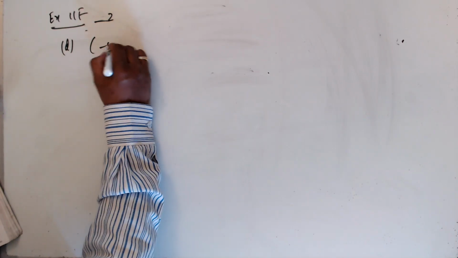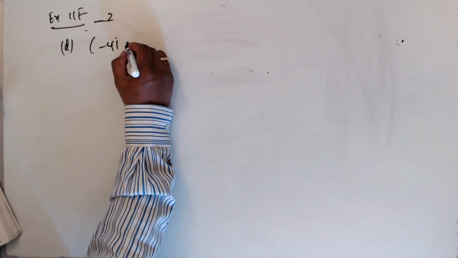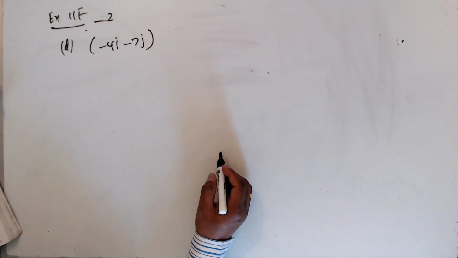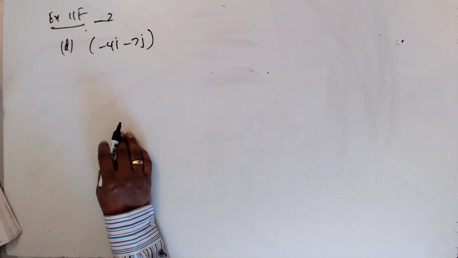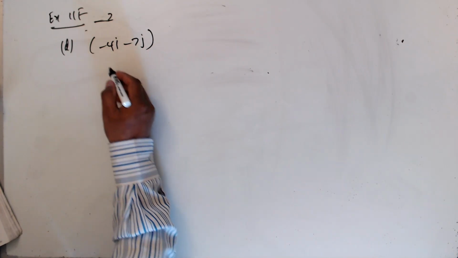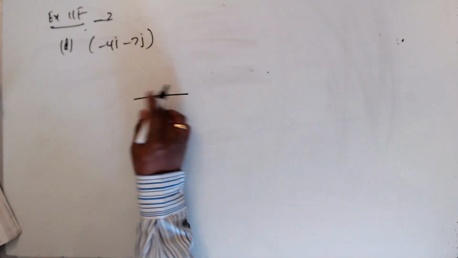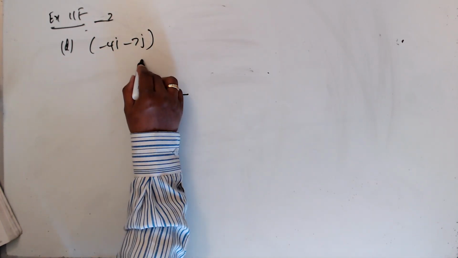Question number 4, minus 4i minus 7j. So we need to find the direction and the speed. Minus 4, start from here, go 4 and up 7.